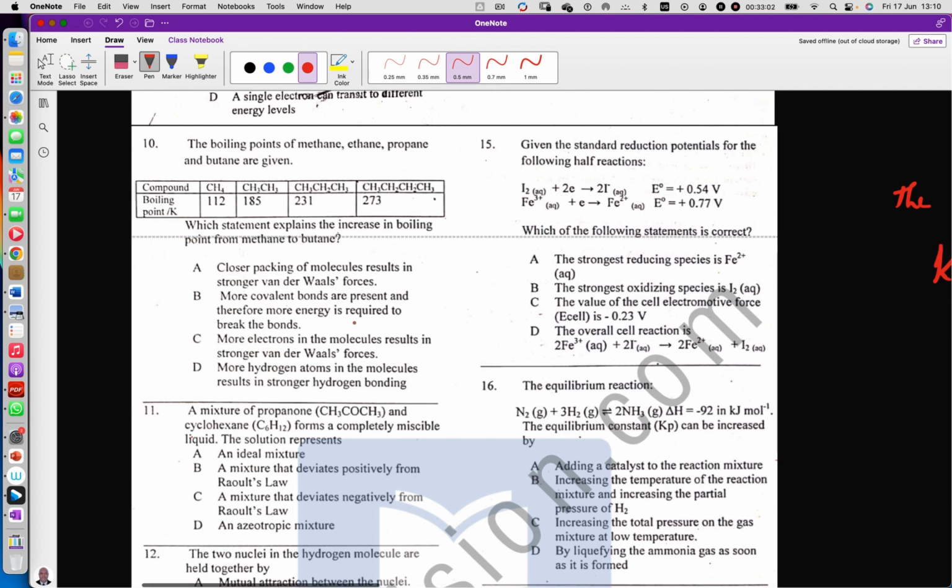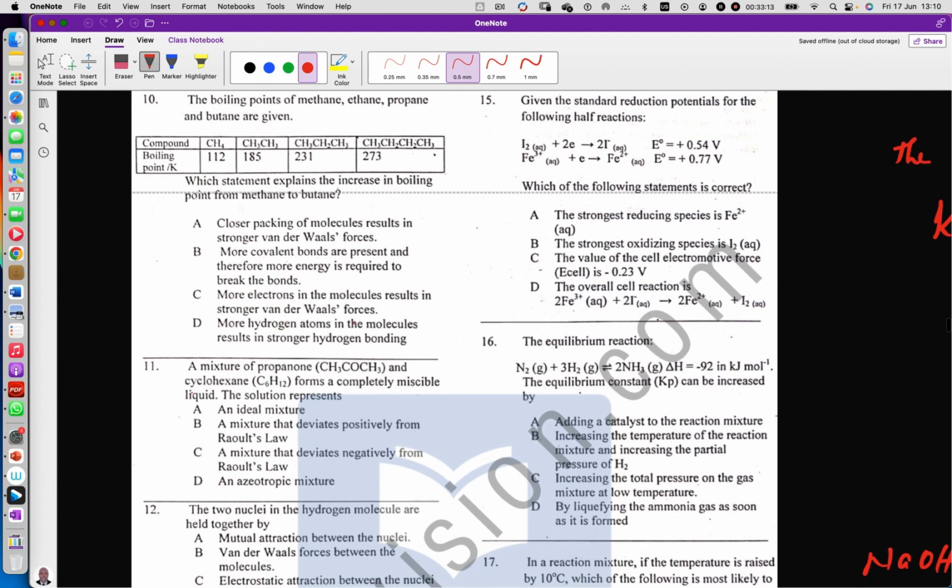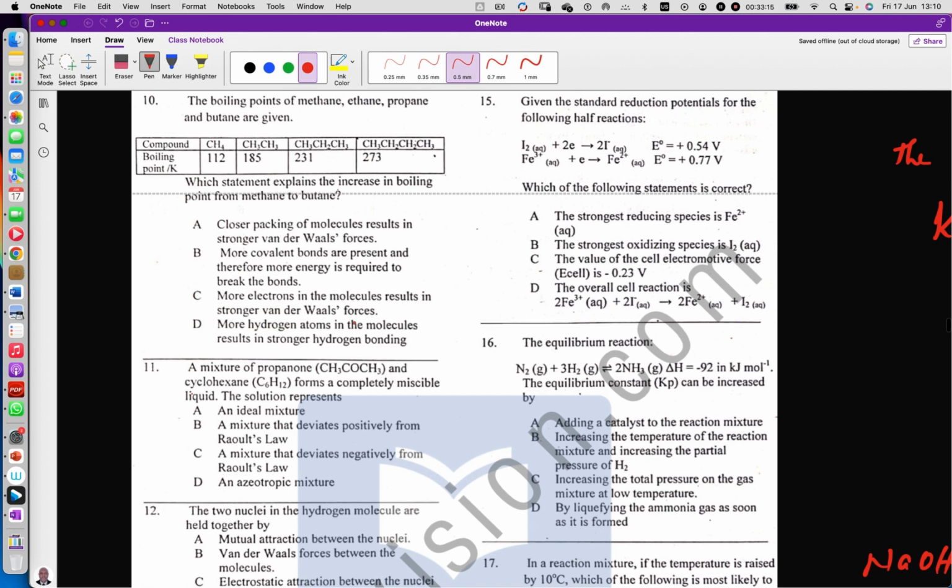A, closer packing of molecules results in stronger van der Waals forces. I've never heard that in chemistry. B, more covalent bonds are present, and therefore more energy is required to break the bonds.